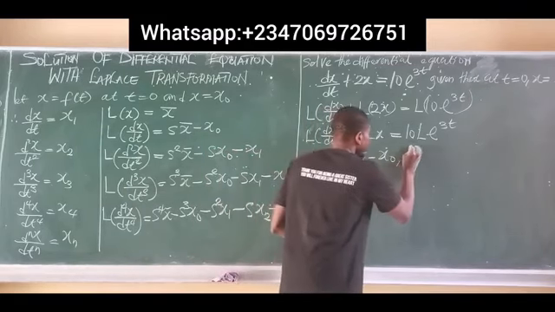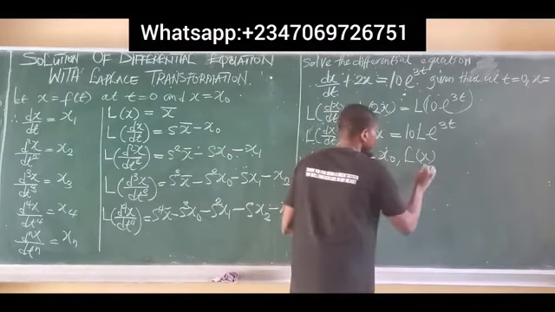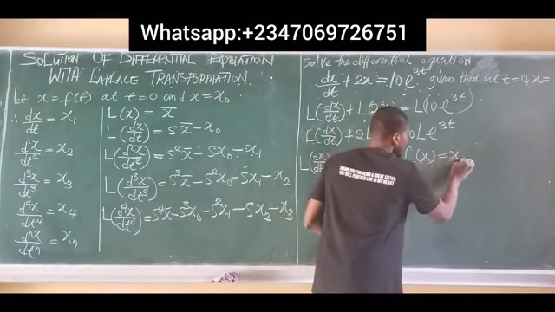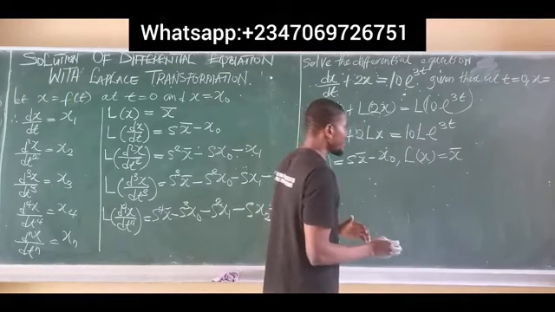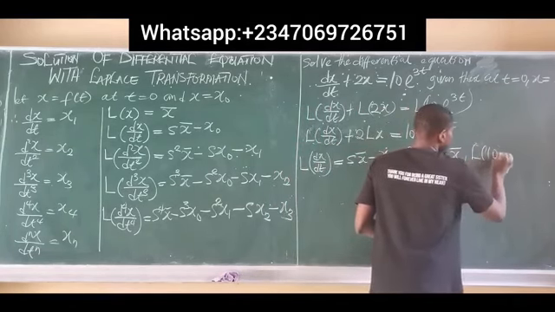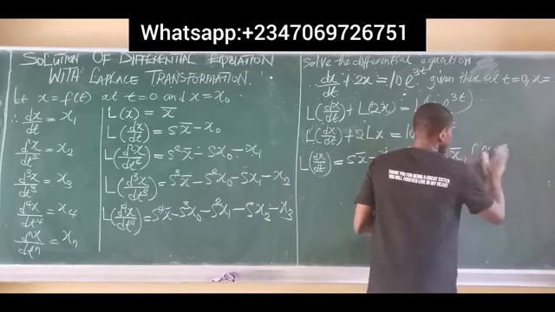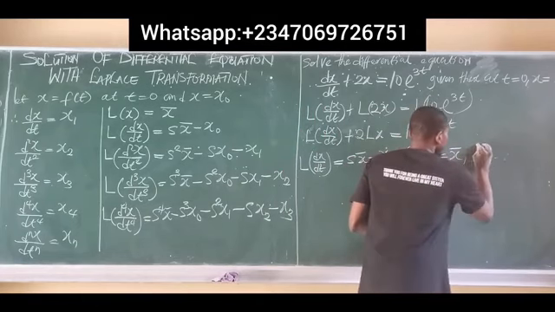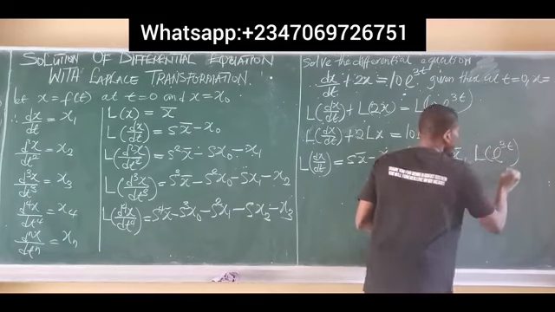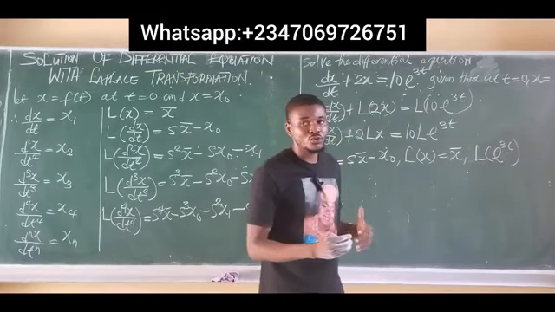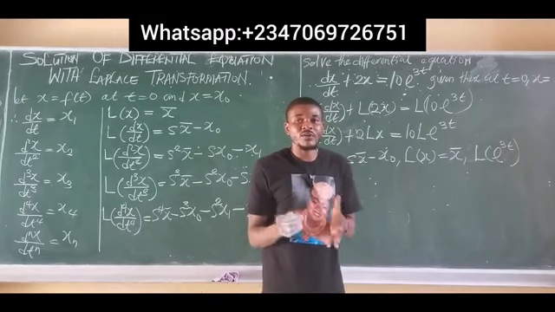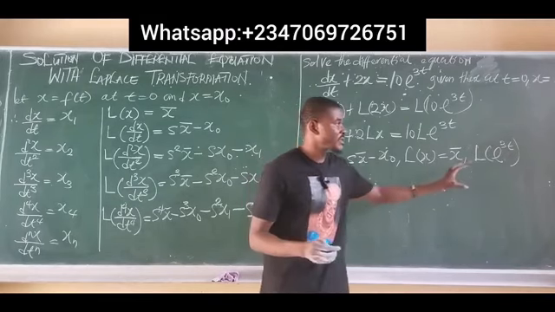Next, I have the Laplace transformation of x. We said earlier, the Laplace transformation of x is simply equal to x bar. The next thing to find out is the Laplace transformation of exponential 3t. In the table of standard values, which I explained in the very first video I did on Laplace transformation, you will find the explanation.